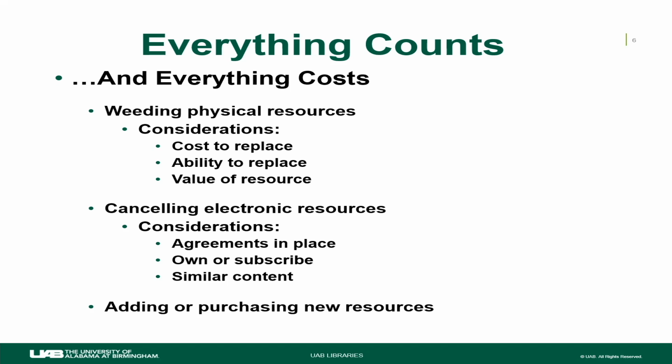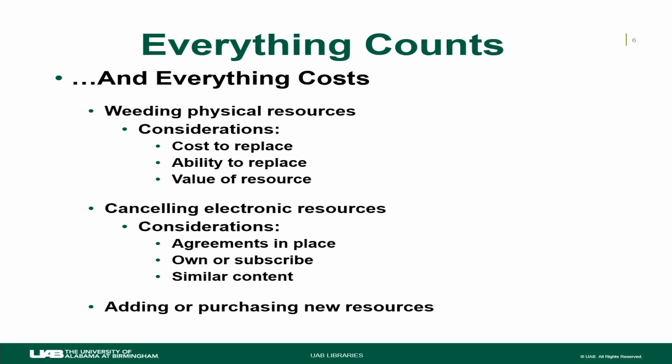That's a question. When you're canceling something that is a subscription or has an ongoing cost, then you need to look at what agreements you have in place. Is this particular resource part of a package, a part of a collection, a part of a larger unit that you want to maintain?